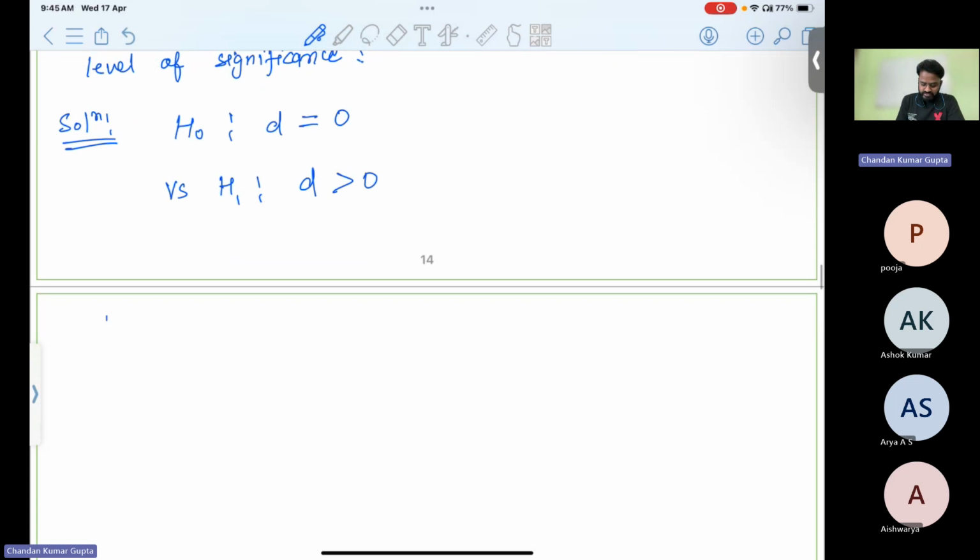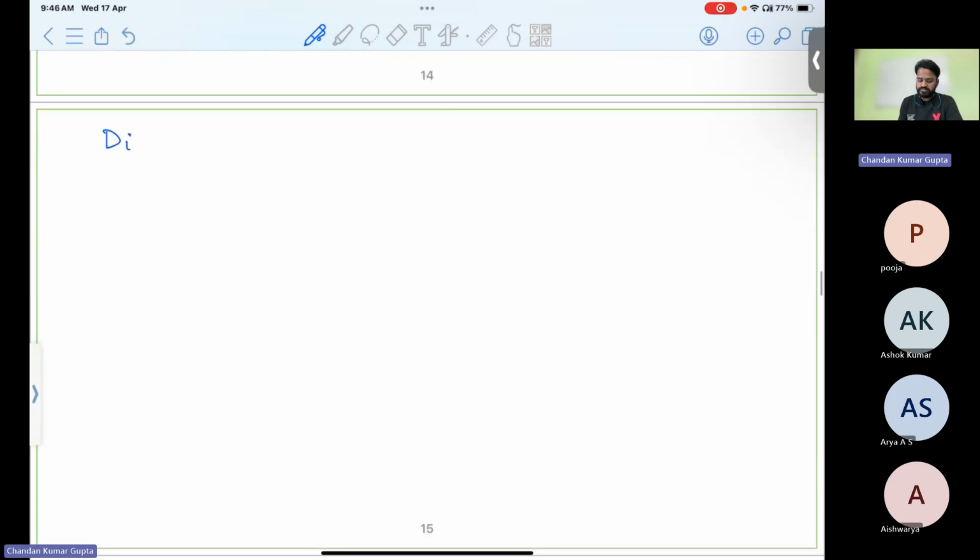Now the difference is given as di, which is the difference between the previous and the new test: 5, 8, and then minus 1, 3, 0, minus 2, 1, 5, 0, 4, 6.